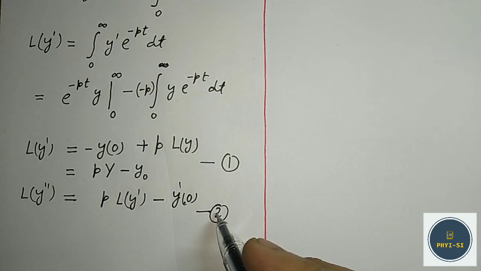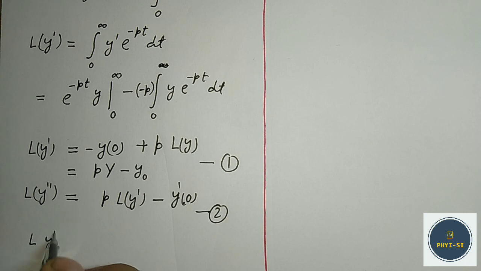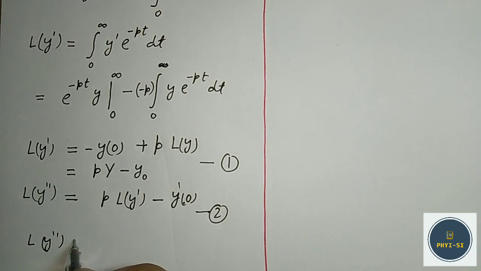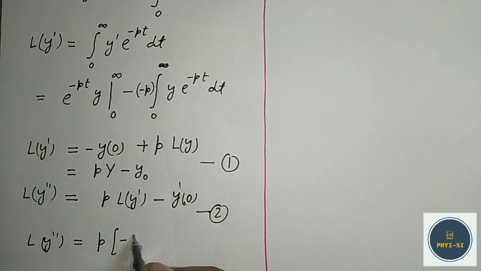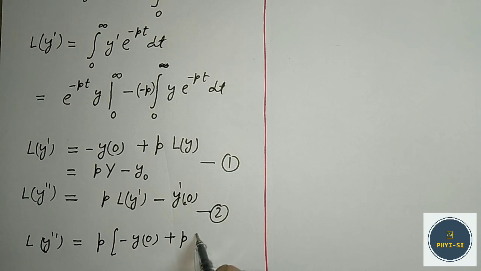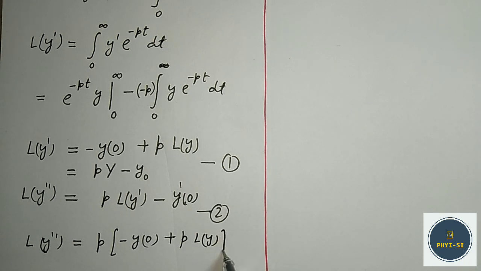Now we have two equations, equation number 1 and equation number 2. We want to eliminate L of y dash from these equations. So we put L of y dash from equation 1 here, and it becomes minus y naught plus p L of y, and then minus y dash 0.